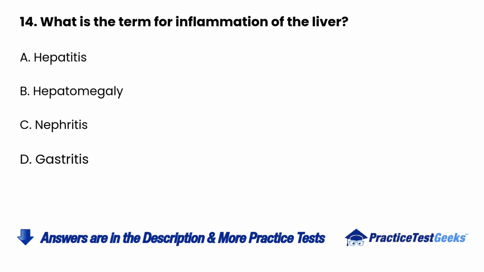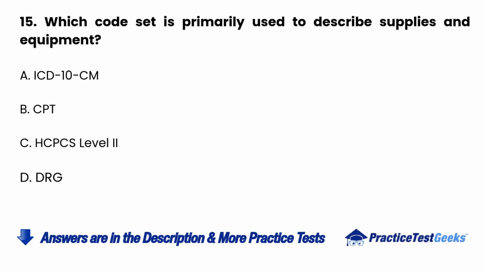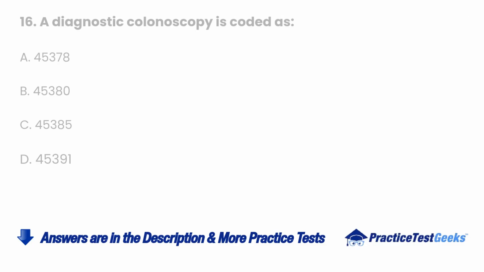14. What is the term for inflammation of the liver? A. Hepatitis, B. Hepatomegaly, C. Nephritis, D. Gastritis. 15. Which code set is primarily used to describe supplies and equipment? A. ICD-10-CM, B. CPT, C. HCPCS Level 2, D. DRG. 16.